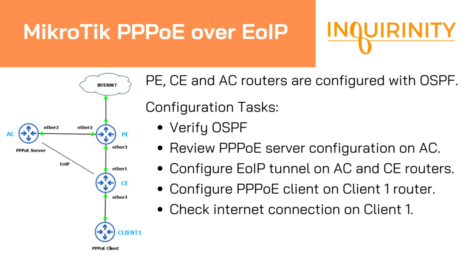So the objective is how we can centrally locate our PPPoE service and be able to serve our clients over a routed network. In this demonstration, we will make use of EoIP, but of course, there are other more efficient solutions for this.